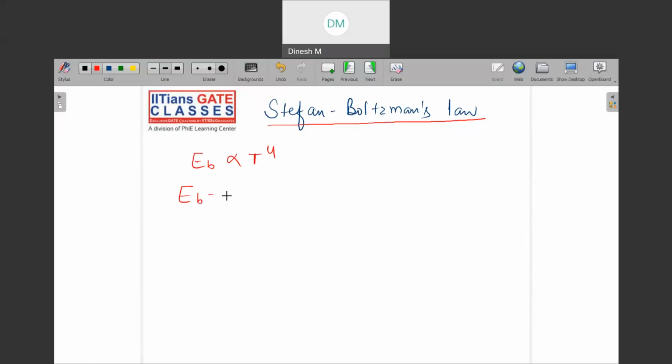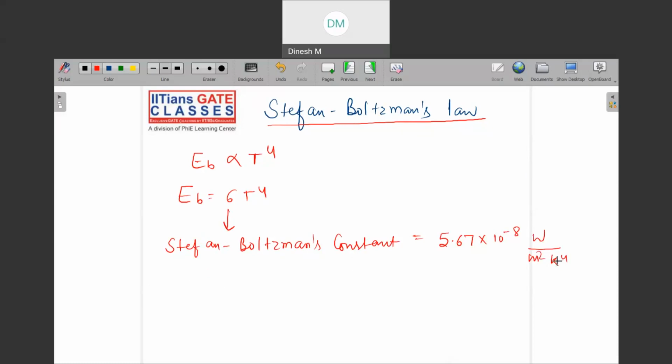Then your E_b is also equal to sigma T to the power 4, and this sigma is nothing but Stefan-Boltzmann's constant. What was this value? This was equal to 5.67 into 10 to the power minus 8 watt per meter square Kelvin to the power 4. So this is known to us.